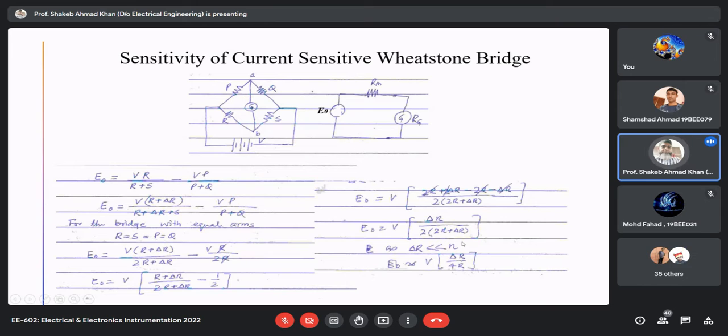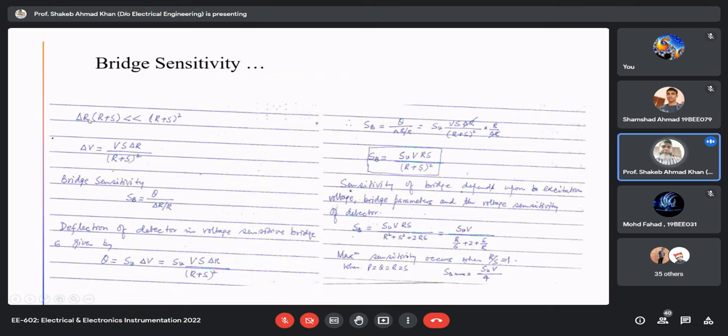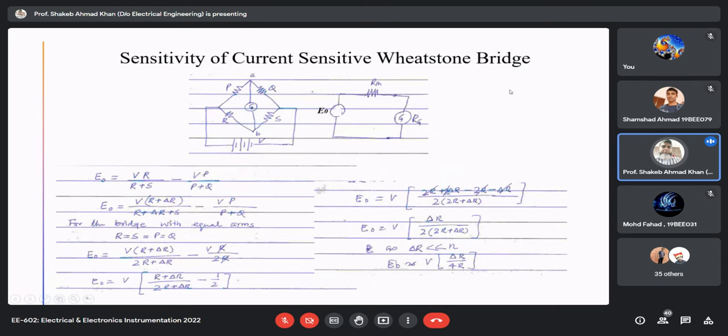Now we'll make a certain assumption, the same assumption we made earlier, because delta R is very small. Generally in sensor applications you will find that delta R is very small. So in the denominator, in comparison to the initial value of the sensor resistance, 2R will be very large in comparison to delta R. So we neglect delta R in comparison to 2R.